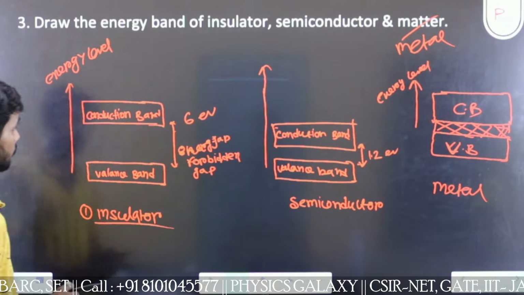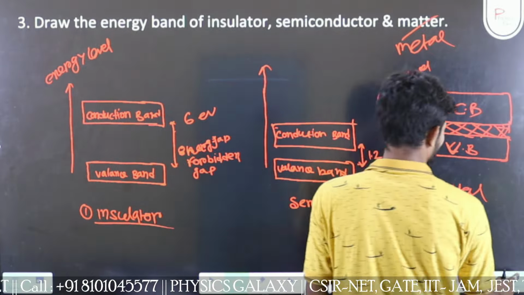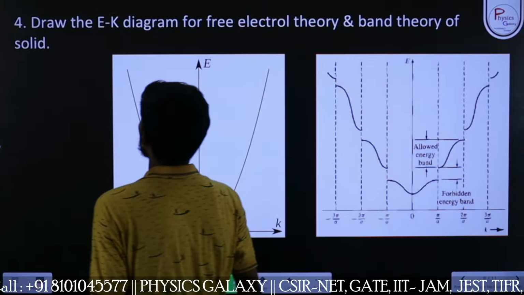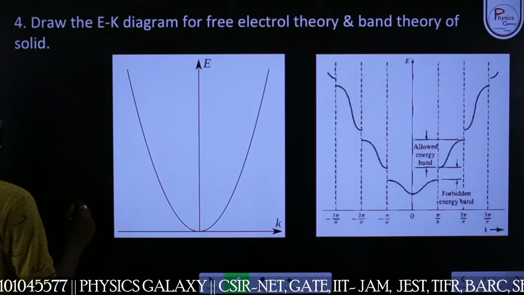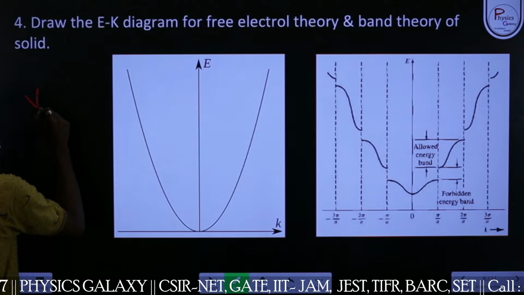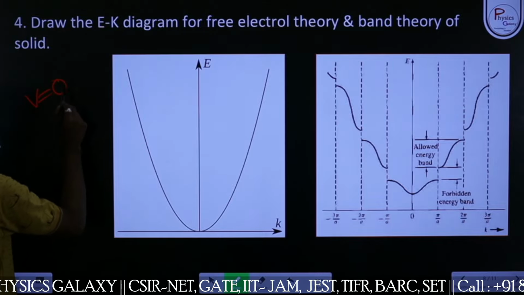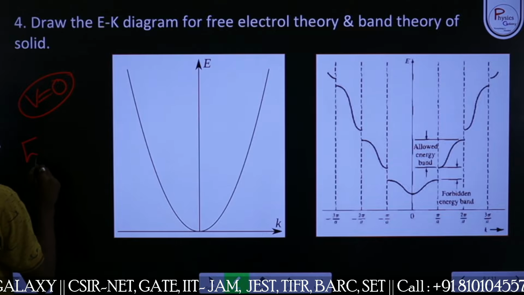After that, they asked me to draw the E-k diagram for the electron and the band theory of solids. For free electron theory, we know that the potential is assumed constant or 0, and the energy is only kinetic energy.